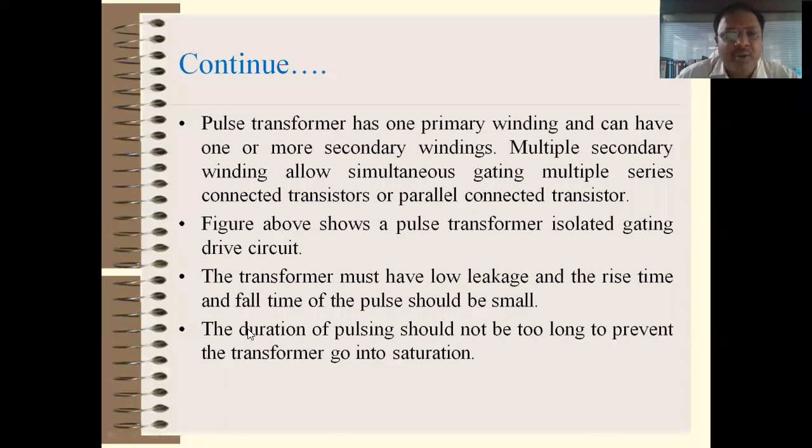The transformer must have low leakage, and the rise time and fall time of the pulse should be small. Otherwise, if the transformer rise time is more, the signal applied to the power devices may be late, and the turn-on of that device is delayed. So this is a requirement. The transformer must have very low leakage, and the rise time and fall time of the pulses should be very small.